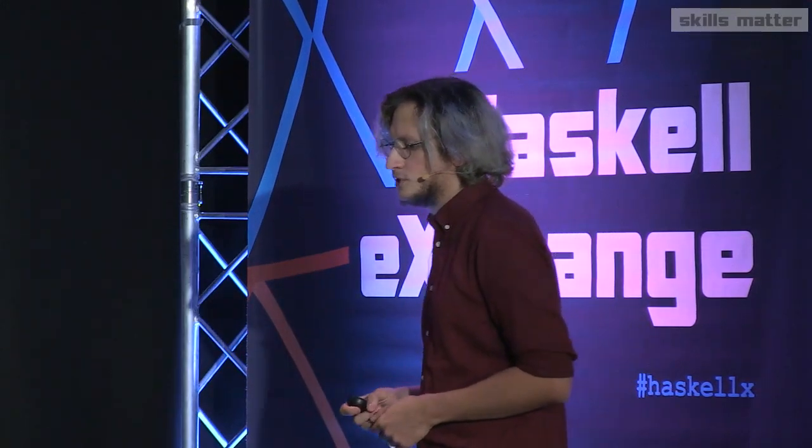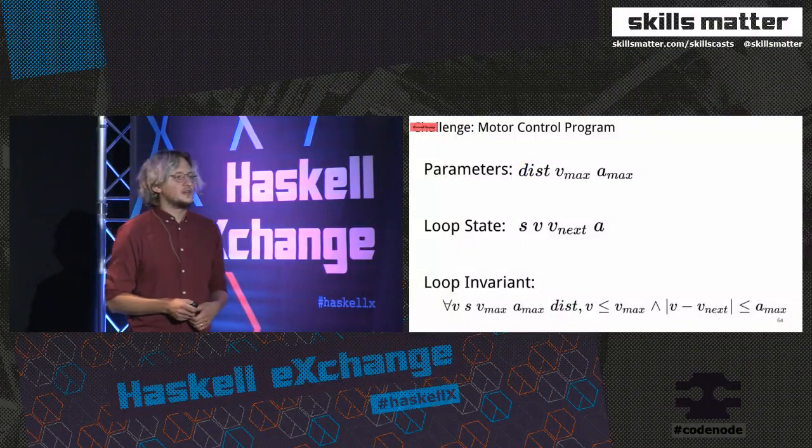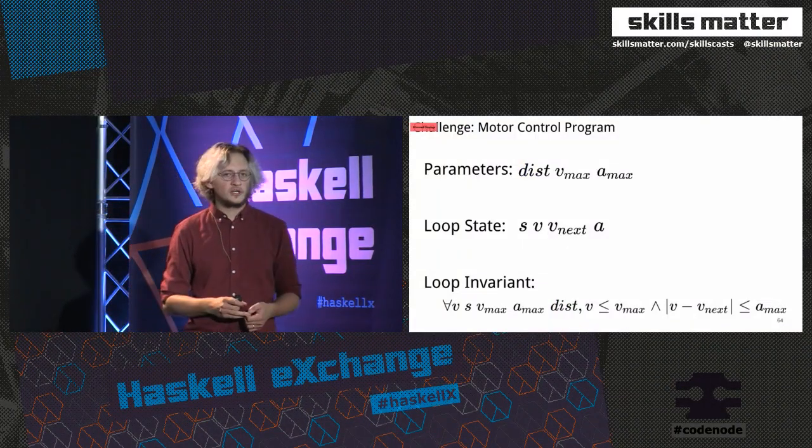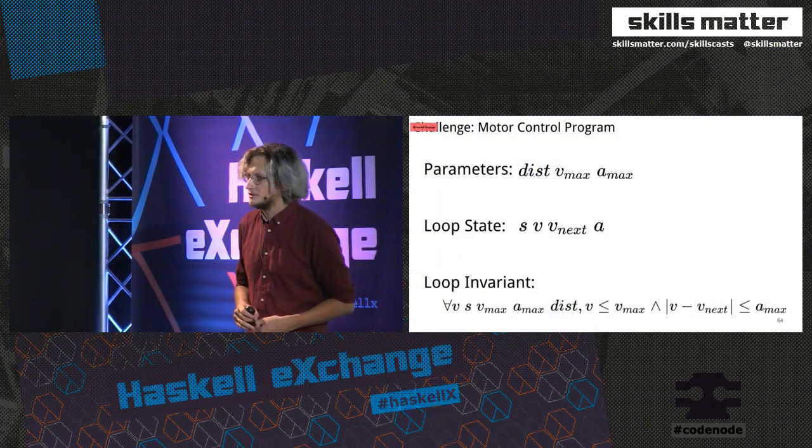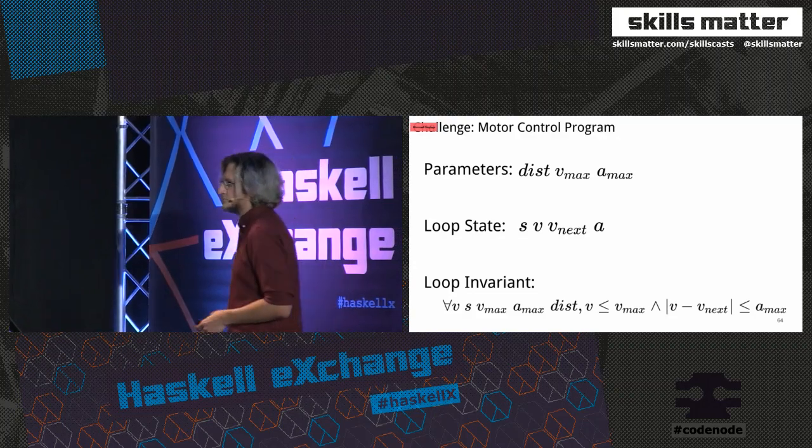And the difference between the current speed and the next value of the speed, V next, never exceeds the maximum acceleration. That would give us assurance that our program doesn't create any drastic perturbations in the whole system.